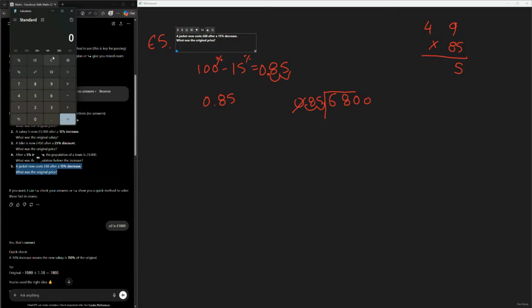Okay, this is 72. 81. Okay, so this is 72 plus 4 is 76.